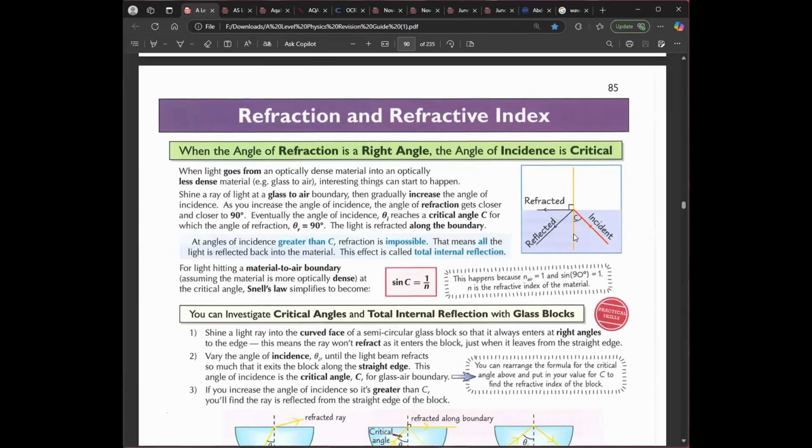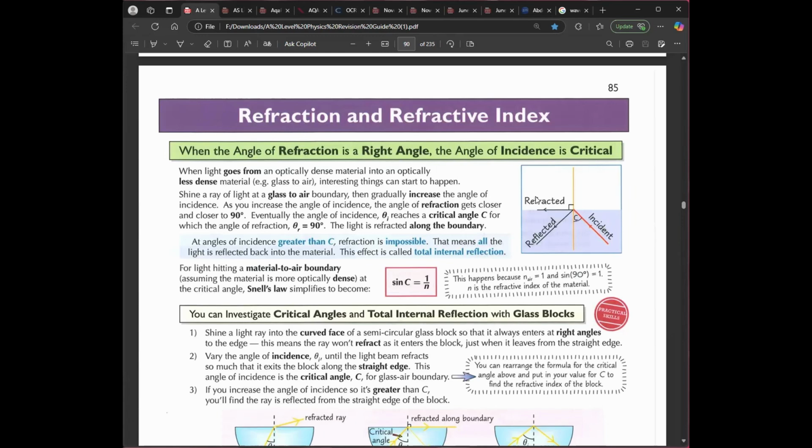Now I said that when light travels from an optically dense material to less dense material, the angle of refraction is greater than the angle of incidence, right? So if light is traveling from water outside into the air, the angle of refraction would be greater than the angle of incidence. If you keep on increasing the angle of incidence, the angle of refraction will keep on increasing.